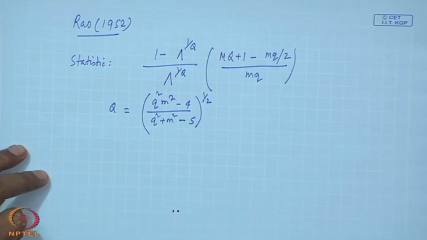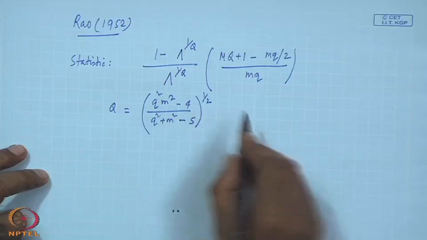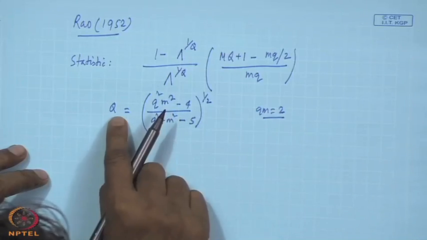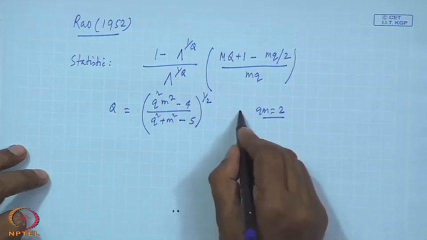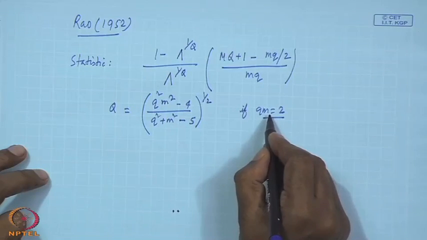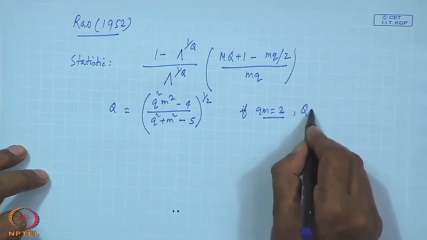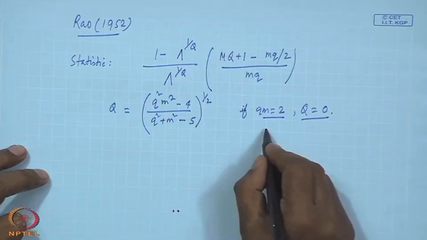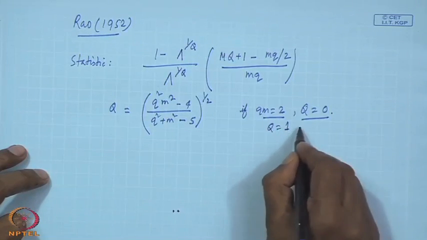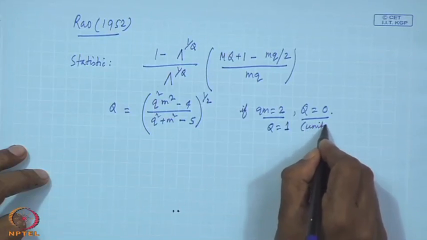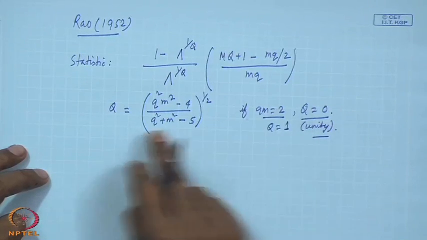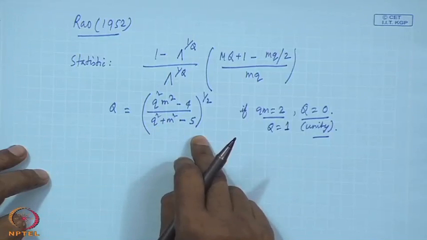This is given by Rao. Okay. So, please remember, if small q into m equals 2, then this quantity capital Q becomes 0. Under such a condition, you have to consider q equal to 1, unity. Other cases no problem, fine.